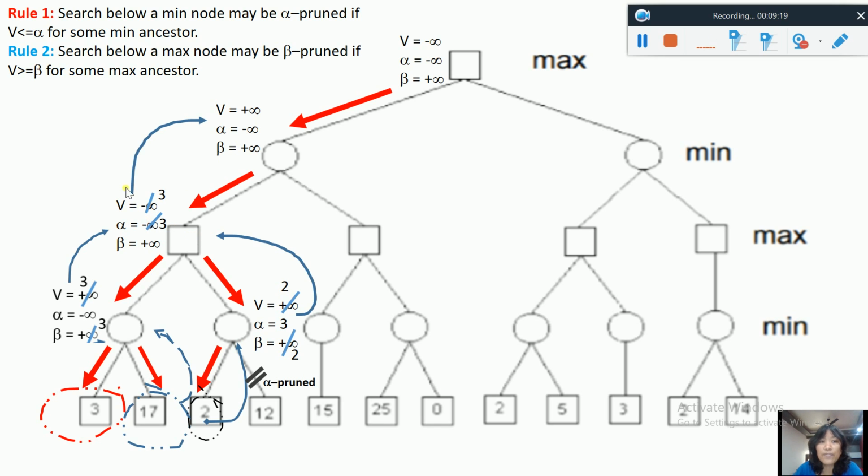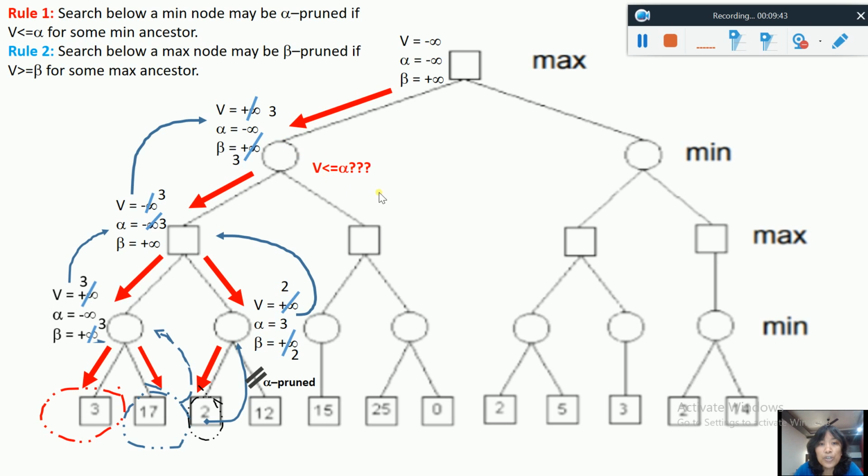Now this value will go upward. So we all know this is the min player. So obviously 3 is better than plus infinity, and beta is also getting the best value of 3, which is better than plus infinity. So we will update the value of beta as 3 and the value of the node as 3.